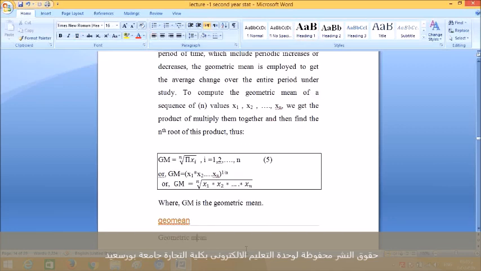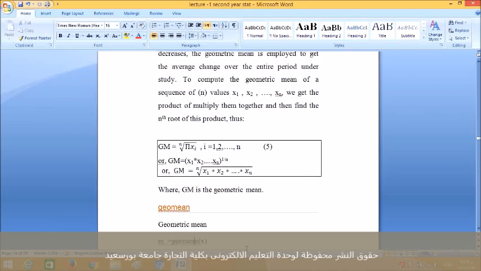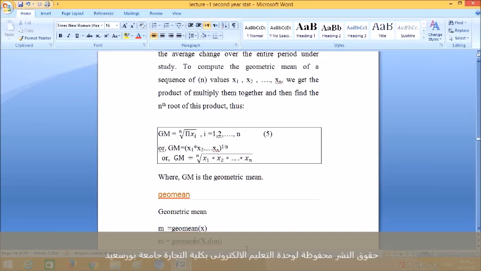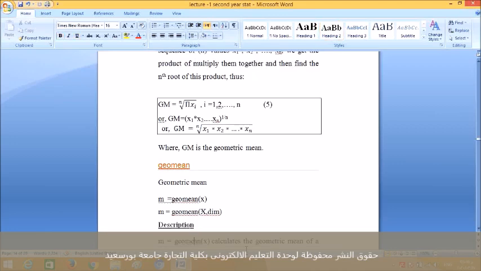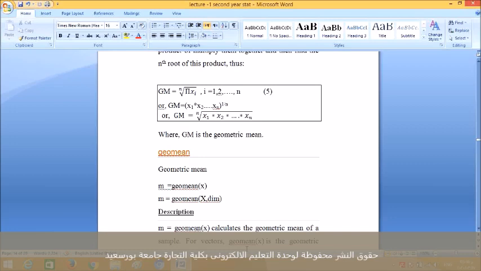When using the MATLAB program, we have the function geomean, geometric mean. The syntax is m equals geomean of x, and the second syntax is m equals geomean of x and dim. Description: m equals geomean of x calculates the geometric mean of a sample.